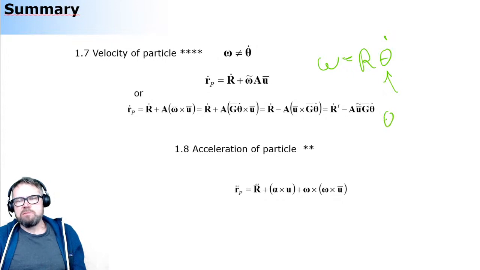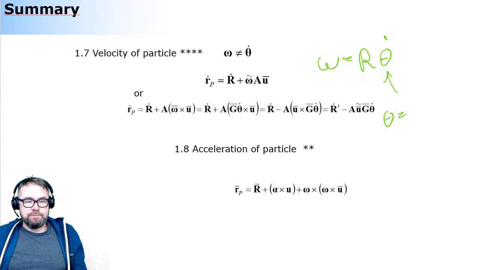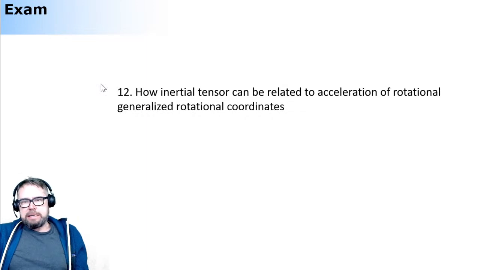And theta in the first place consists of 3 or 4 parameters, depending on which rotational description you use.